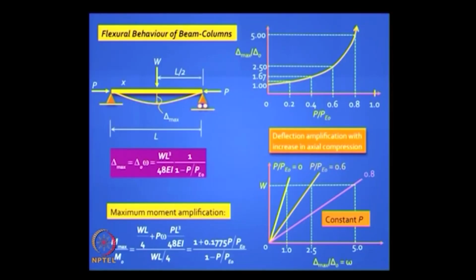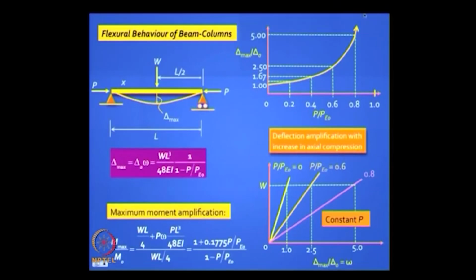Now if P is constant, let's say that load is not changing, and if you plot delta max by delta naught, you can still do linear analysis. Look at this delta max equation. It's a linear function of W, and it's a non-linear function of P. If P is constant, you can still do linear analysis, but if W is constant, then you have a non-linear analysis problem.